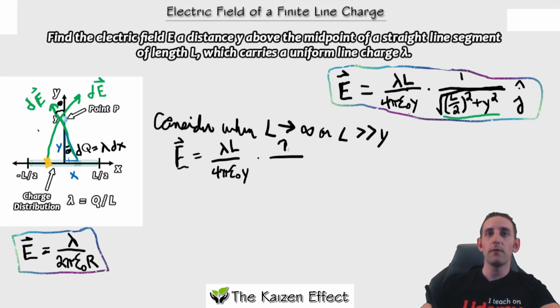So you can flip this guy up there, and you're going to want to cancel these guys. And you get a result: lambda, the 2 cancels with the 4, over 2 pi epsilon naught y.